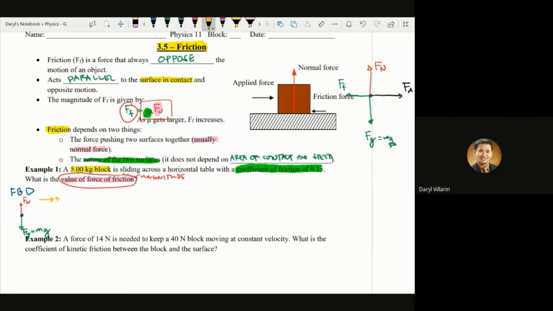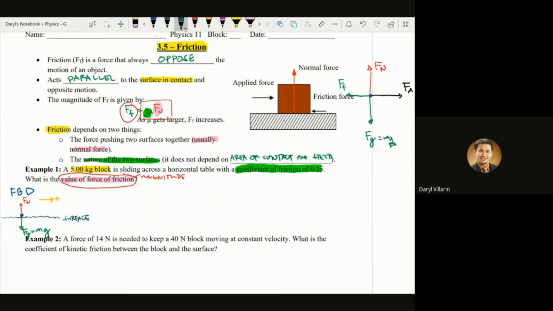Friction must be, remember that the surface is along this. So this is your surface here. So how would you identify the friction force?